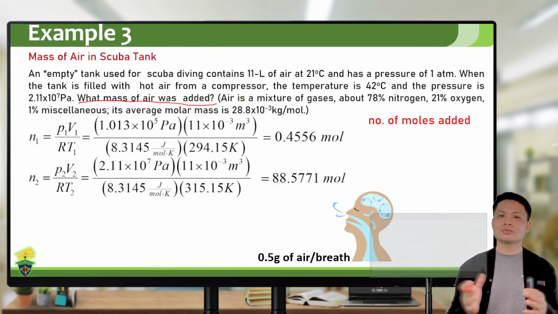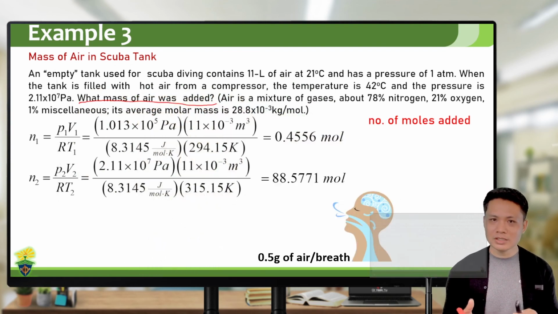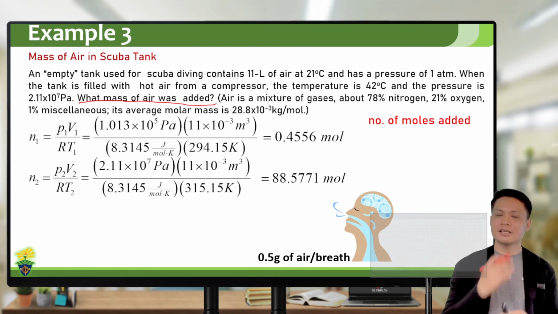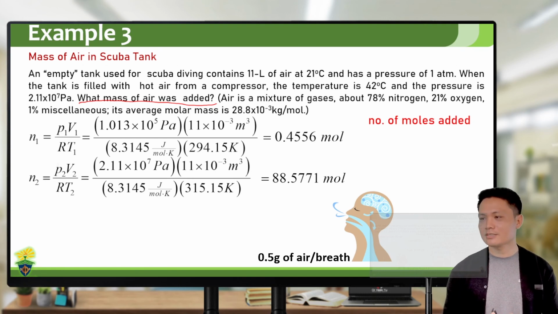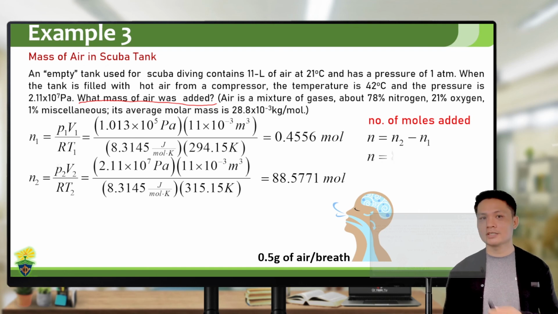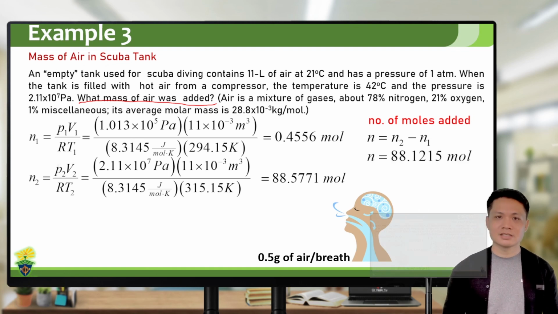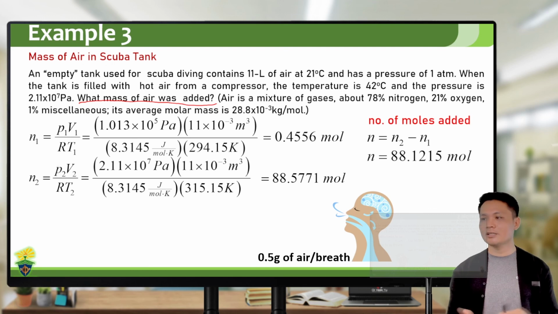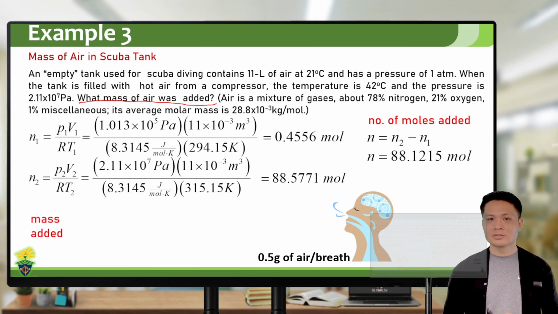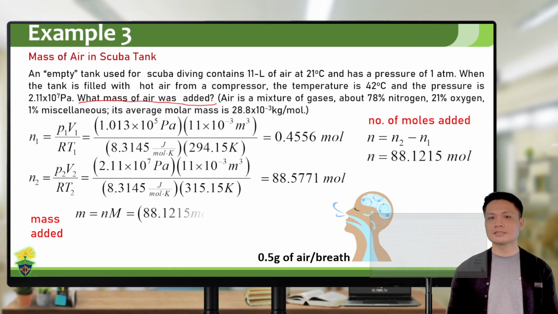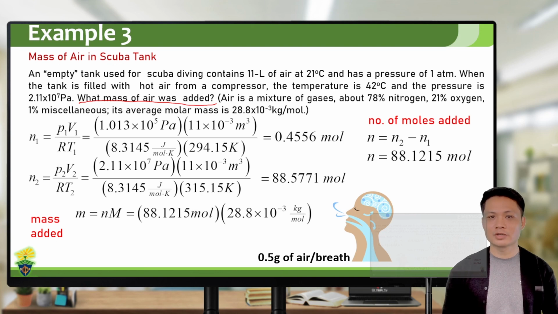So, we need to take the difference between the final amount of gases and the initial amount of gases. We have the difference, that is N2 minus N1. And that will give us this value of gas, 88.1215 mole. Then, to determine the mass of the gas being added into the tank, we simply solve for m.